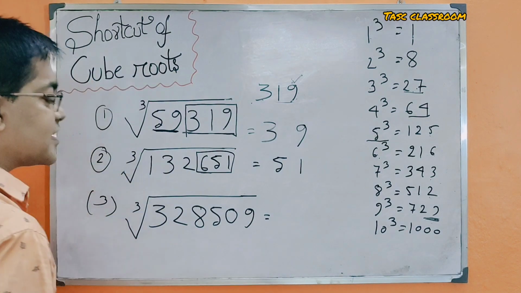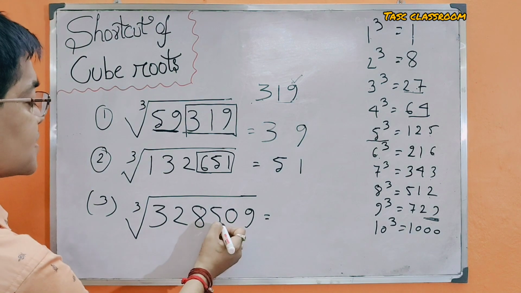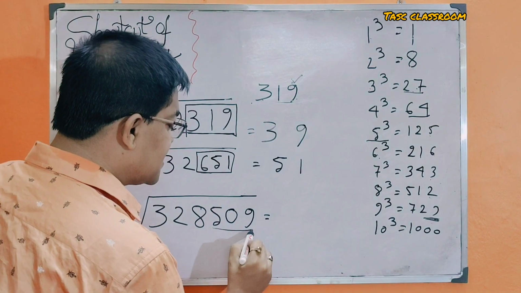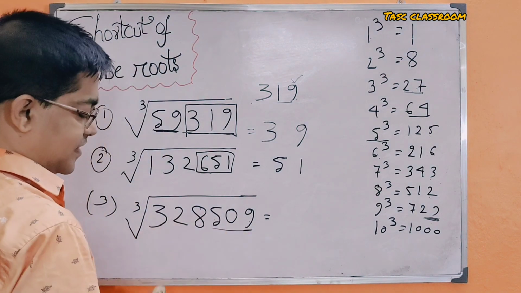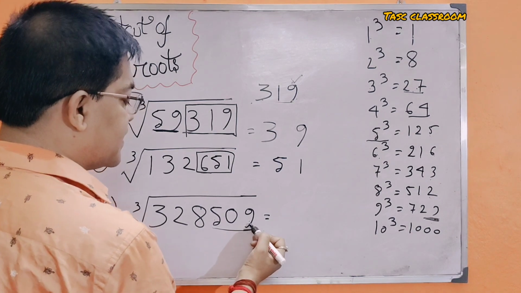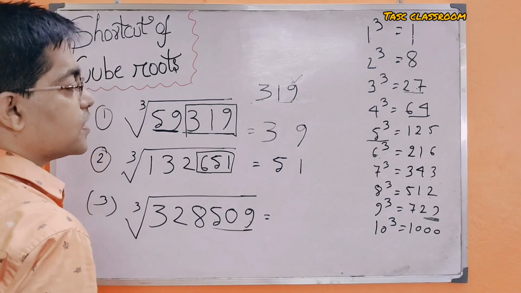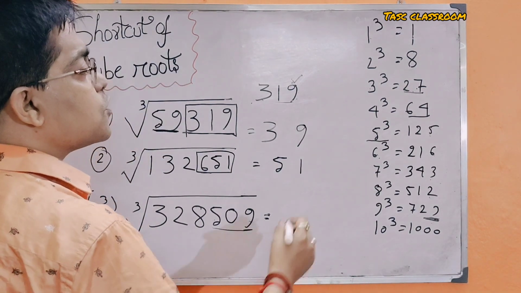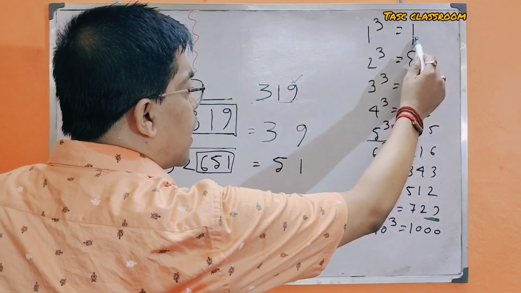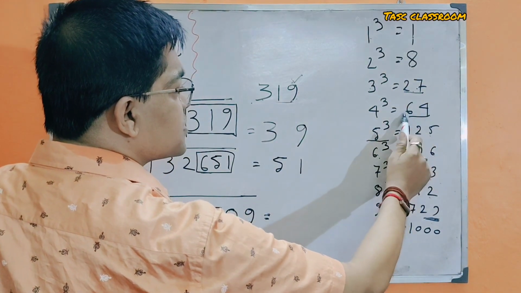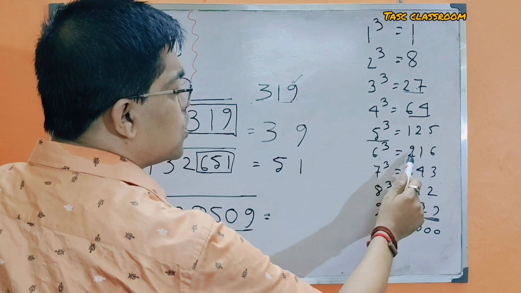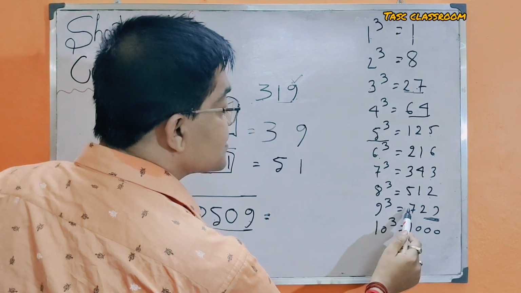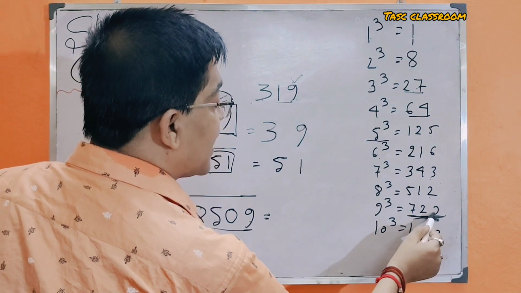Now we discuss the third example. The last 3 digits are 509. 509 ends with 9. We have to find which cube ends with 9. 1 no, 8 no, 27 no, 64 no, 125 no, 216 no, 343 no, 512 no, 729 ends with 9.